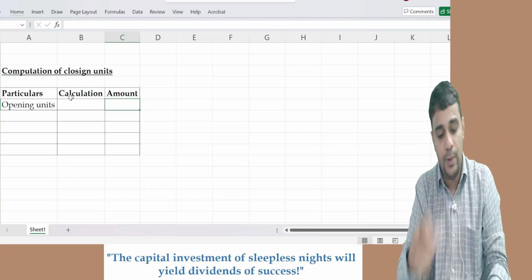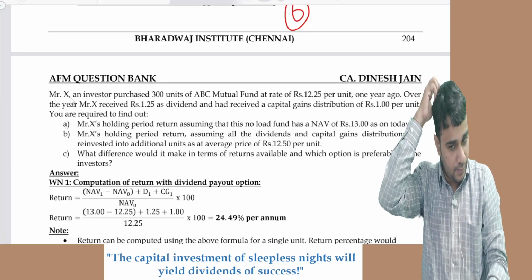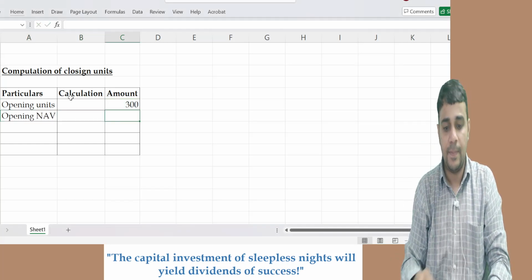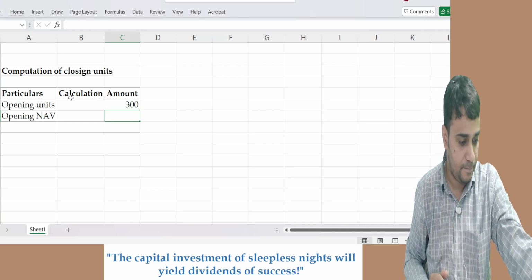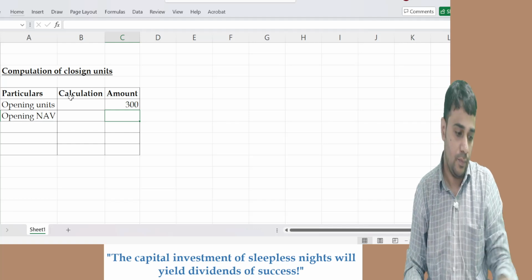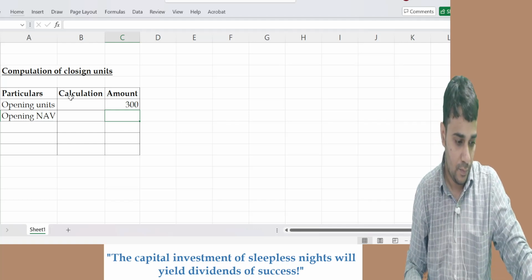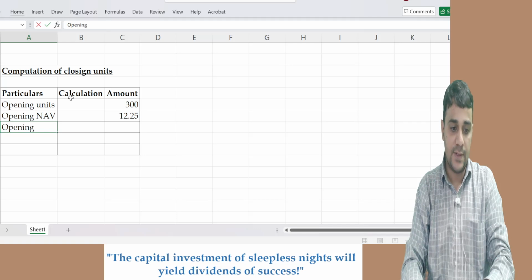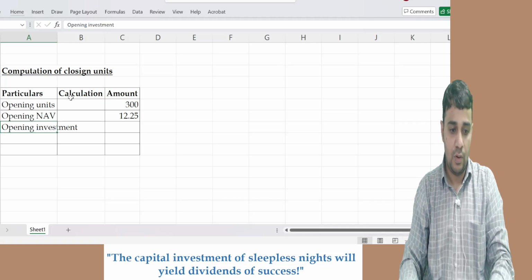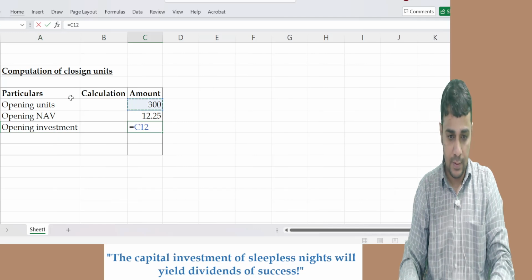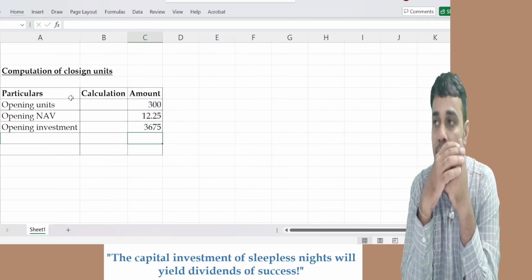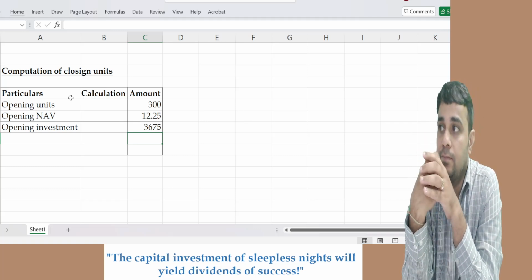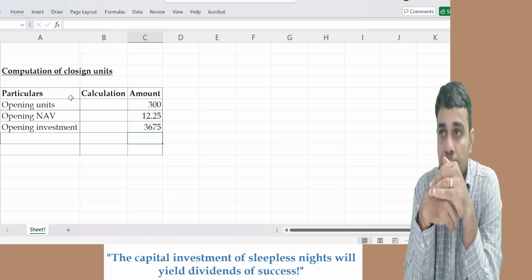Opening units: how many units were there? 300. Opening NAV: what is the opening NAV? Multiply the two to get the opening investment. 300 into 12.25, 3675. Clear?